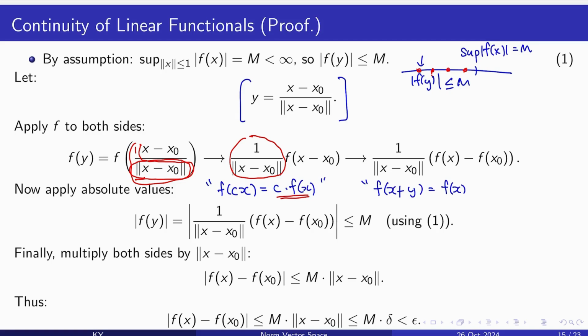If you take two vectors, you add them, you apply the function, then you result in this guy. Now I'll focus on this guy right here, f of x minus x naught.